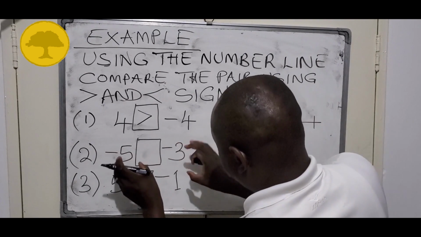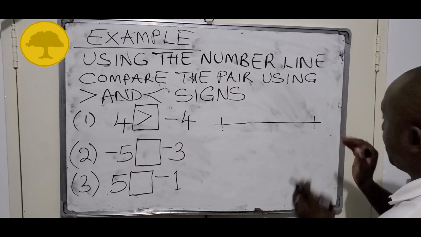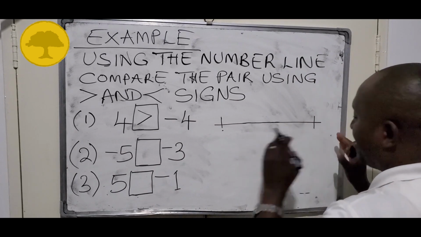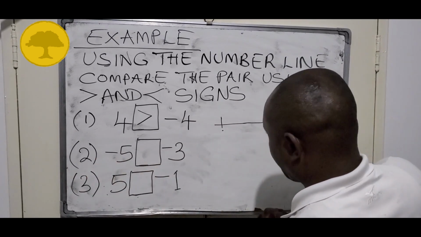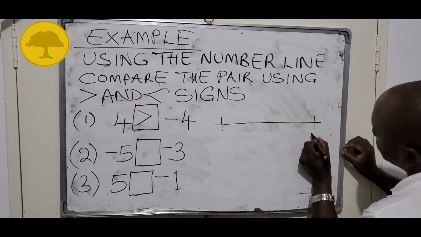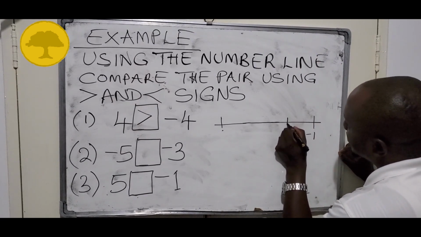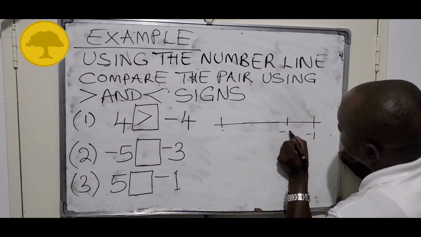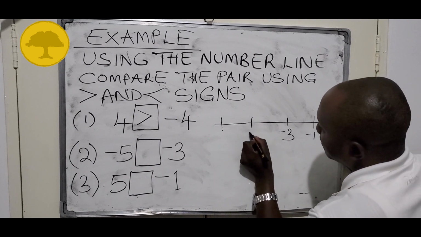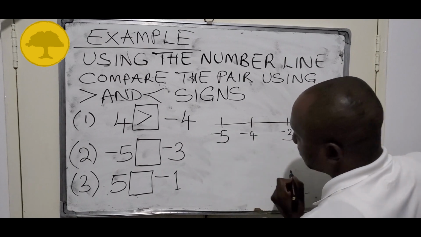When you look at our next question, both numbers are what? Negative. Meaning they are on the left hand side of 0. So in terms of value, you remember we started with -1, -2. This time around we're going to have -3, -4, and you have our -5.